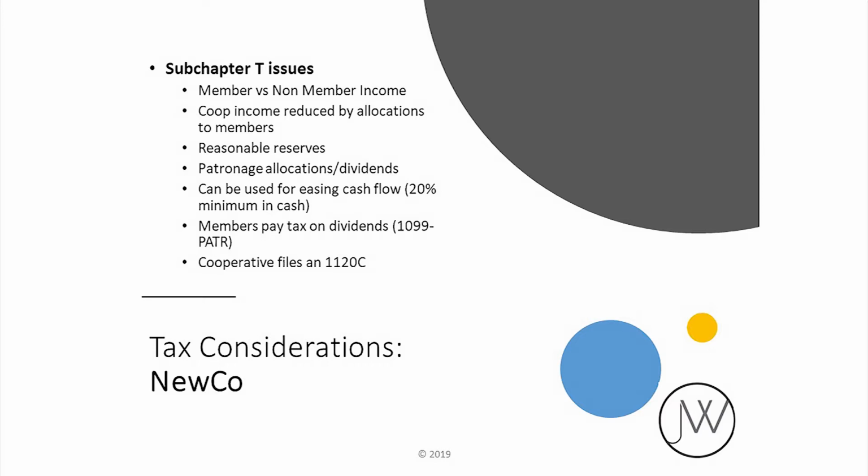explain it a little better, but I love Subchapter T because it's a cash flow system that the board of directors can use to help ease cash flow situations at the end of the year. I'm going to go back to my $100,000 in profits, and you've got to distribute that $100,000 to the members to be eligible to get a deduction at the co-op level and not have to pay taxes.